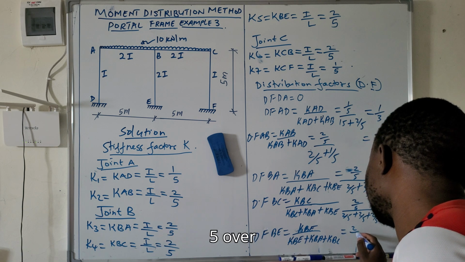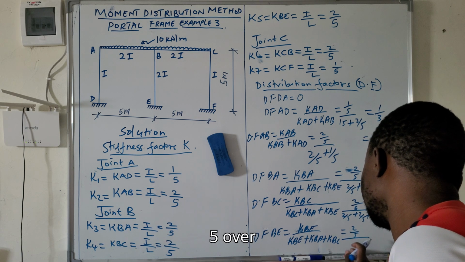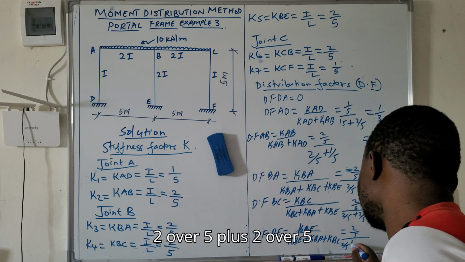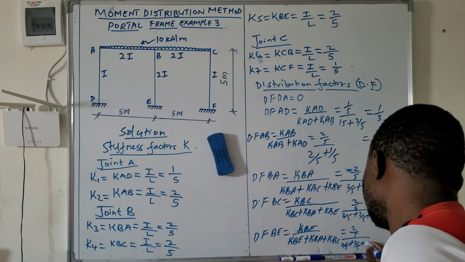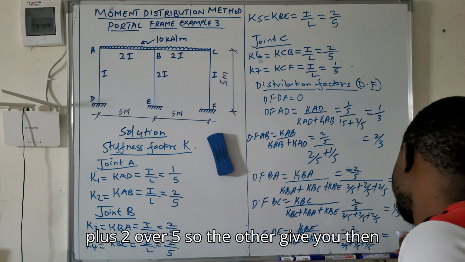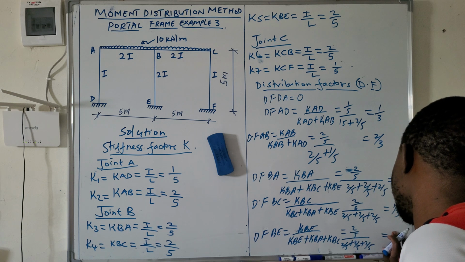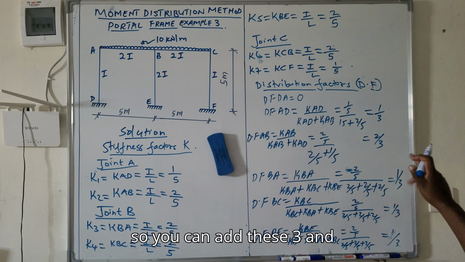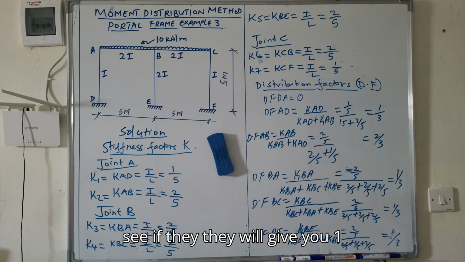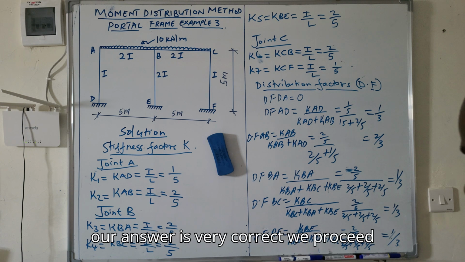So it will be 2 over 5 over 2 over 5 plus 2 over 5 plus 2 over 5. So the answer again remains 1 over 3. You can add these three and see if they give you 1. 1 over 3 times 3 is 1, so our answer is correct.